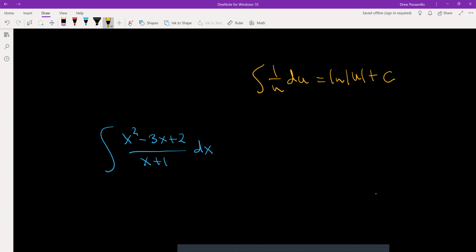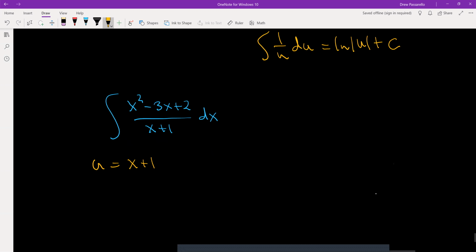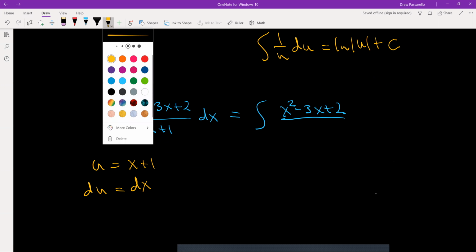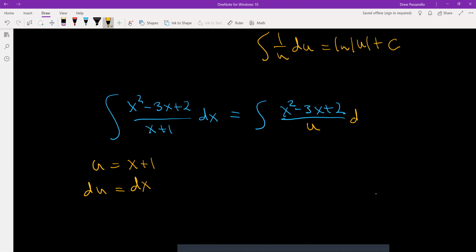Now for this problem, if I tried letting u be the denominator x plus 1, because it's usually what I've been doing, just letting u be the denominator, its derivative is just dx. And then this substitution is not going to really help us any, because if I try to substitute, I still have this stuff up top, x squared minus 3x plus 2, and on the bottom is u, and then du.